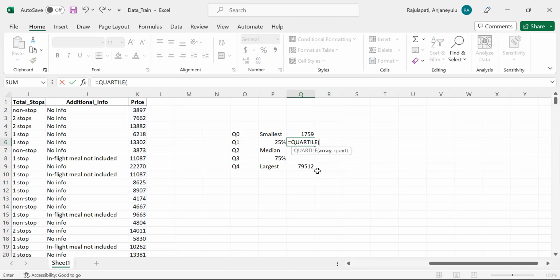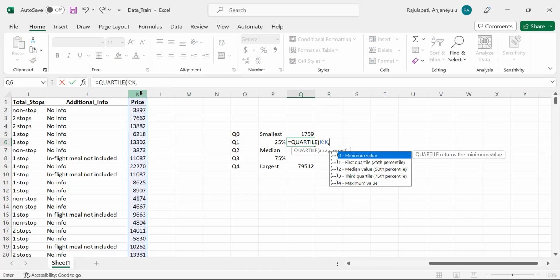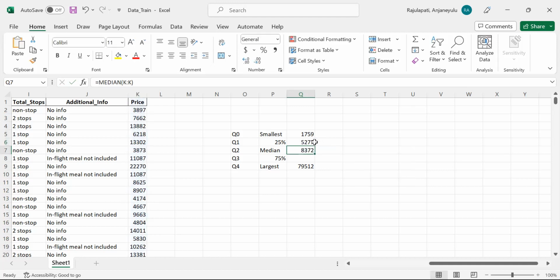So quartile, and you provide the data set, comma, the second argument. I want to find the quartile of 1. Okay, quartile of 1. Is the element in between the 17592 and 8372 or not?